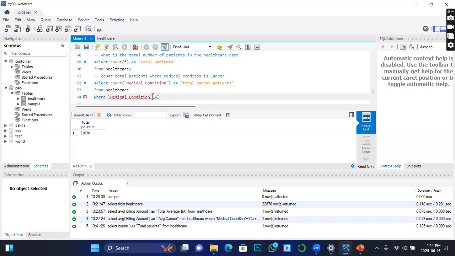I'm using this inverted comma to avoid conflict. Then end it.